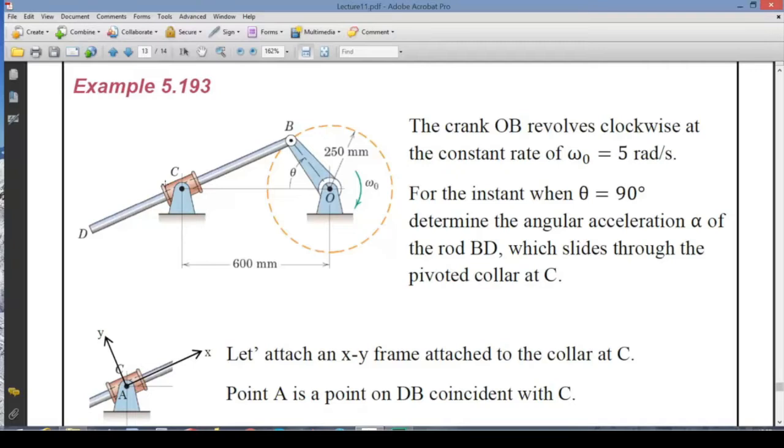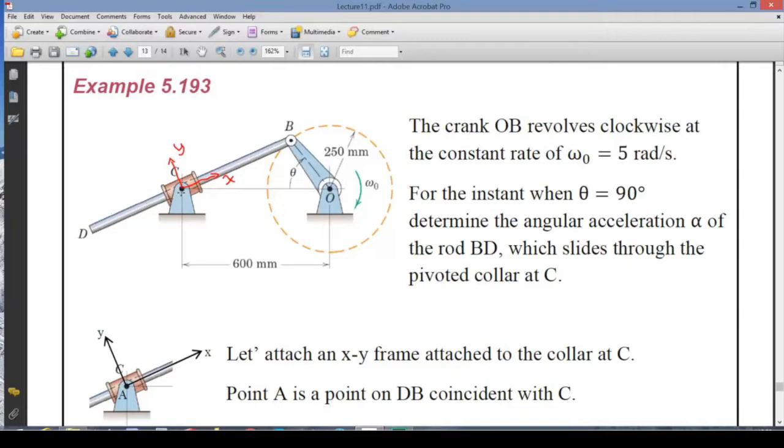What happens about this collar is that this collar is rotating. So there is a rotating frame here, and we can choose this frame in this way, for example, X and Y. Relative to this collar, this bar BD has a relative motion. This relative motion is not about rotation, but it's a straight path motion.